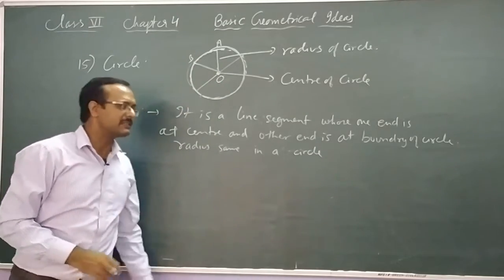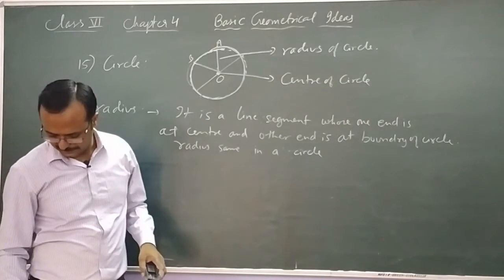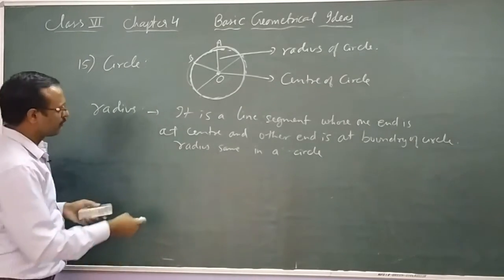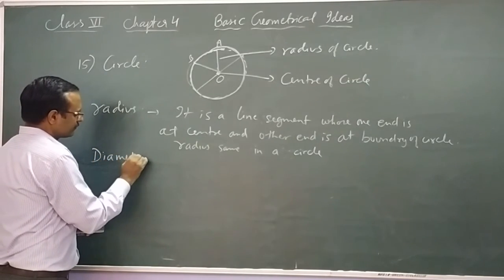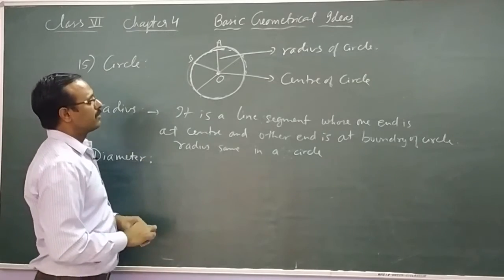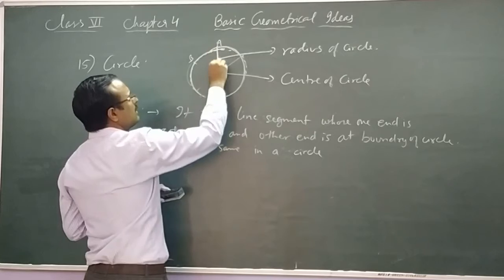Now our next point is the circumference, or first let us see what the diameter is. You have seen a line segment joining the center to the boundary.